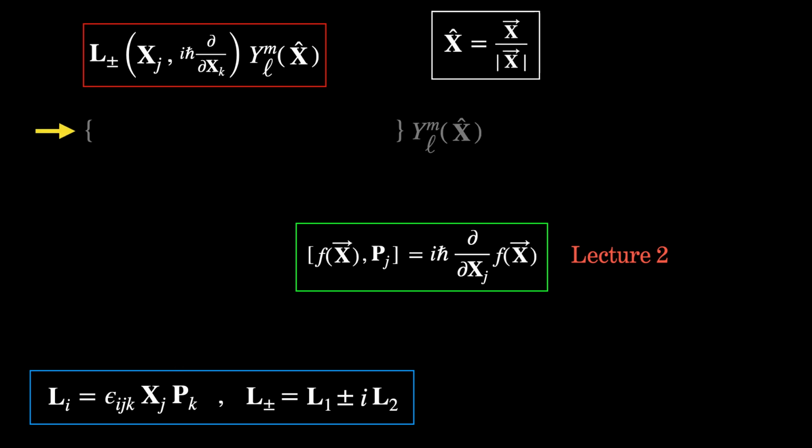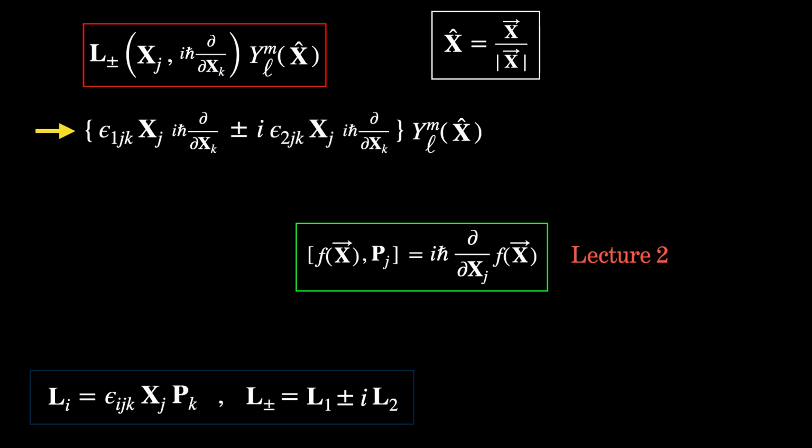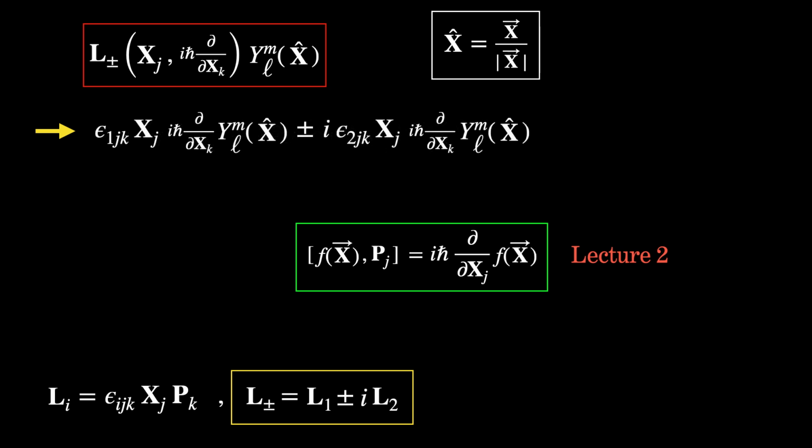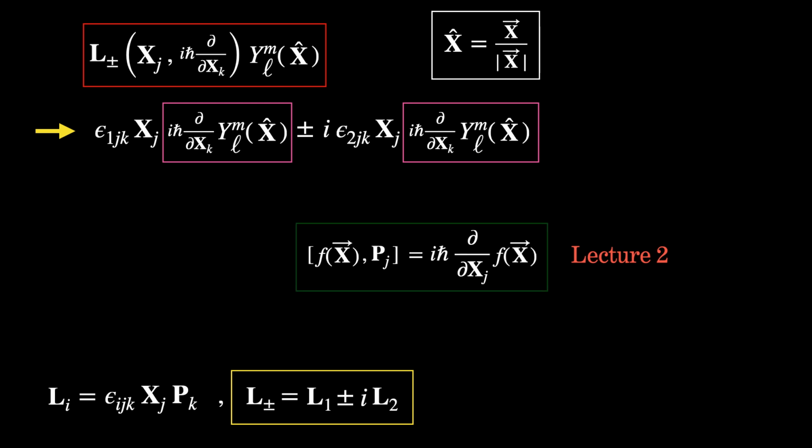L plus minus is given in the curly braces. We can write these two derivatives as commutators using the green box.